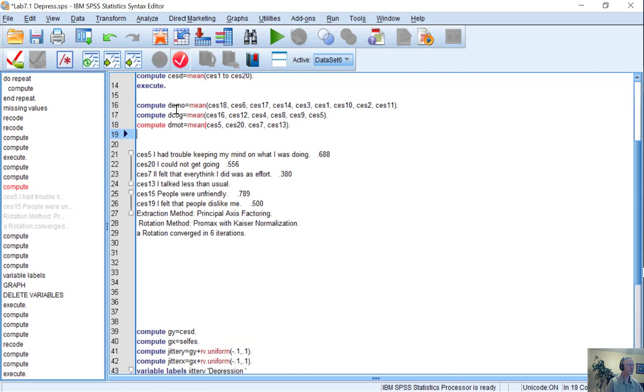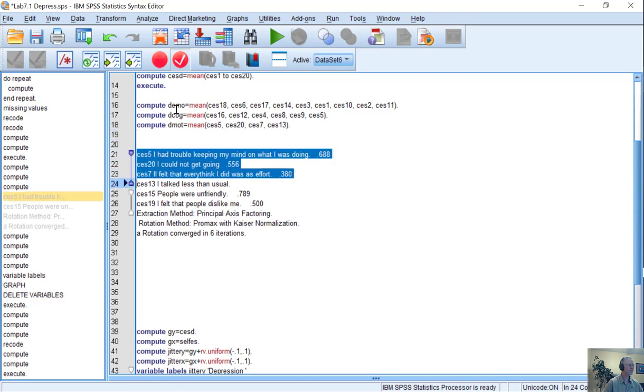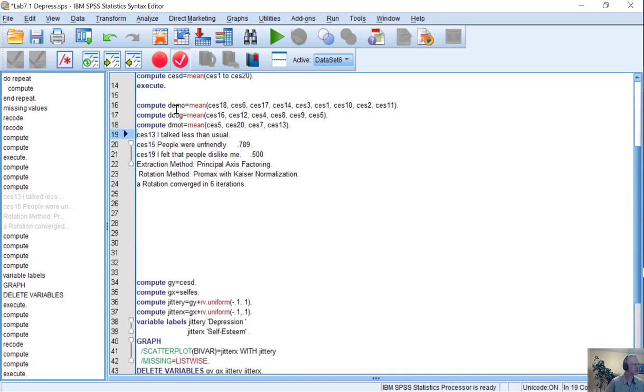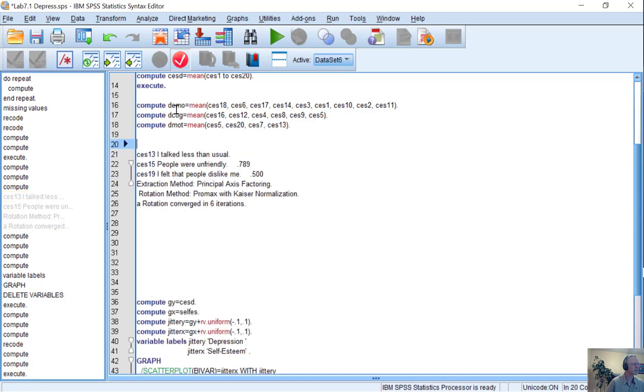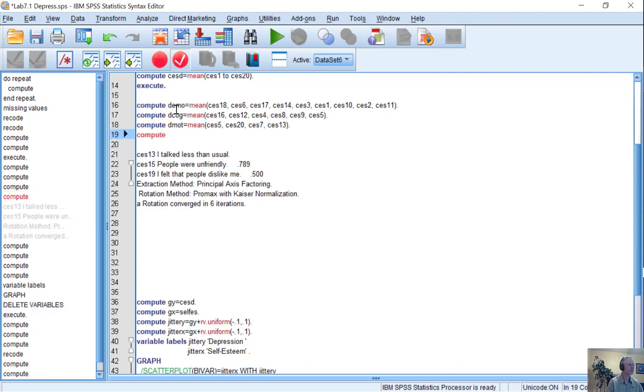That's the motivational component. I noticed that there was a CES 13 over here. It didn't actually come up with a loading, so it didn't actually successfully get onto any dimension. If it was going to be put on a dimension, I'd put it on that social dimension, but I'm going to go ahead and leave it off since it did not have a loading of 0.3 or higher.